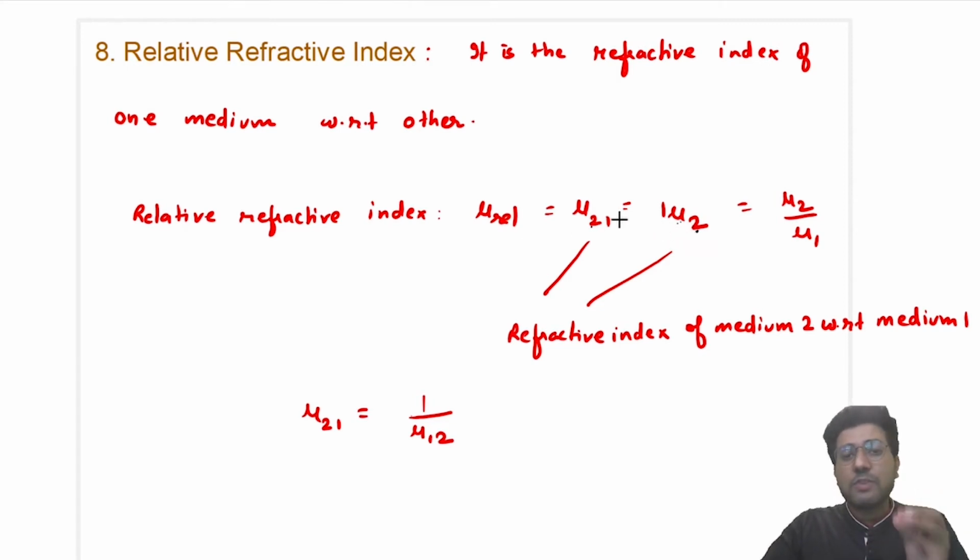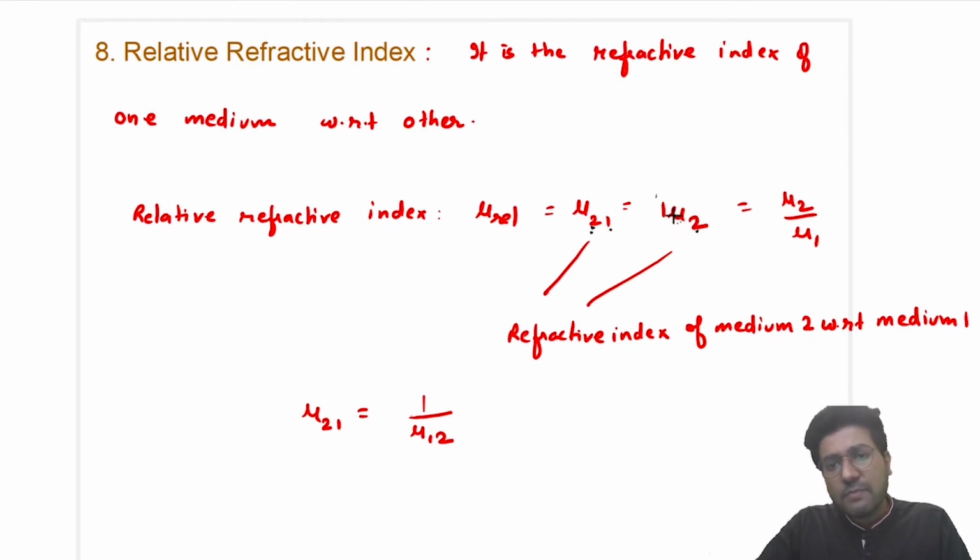Now what do you mean by mu 2 1? Mu 2 1 means the refractive index of medium 2 with respect to medium 1. Sometimes it is also written like this.